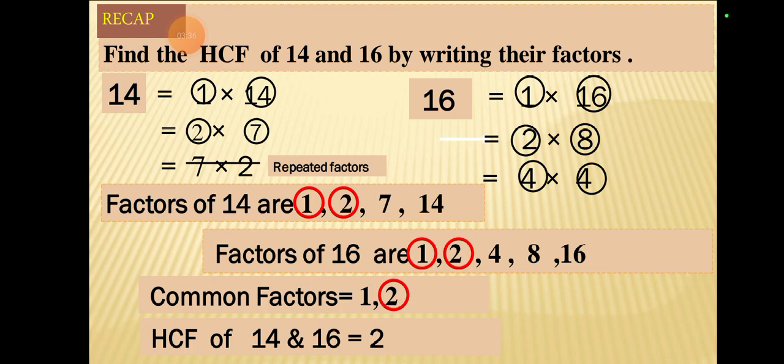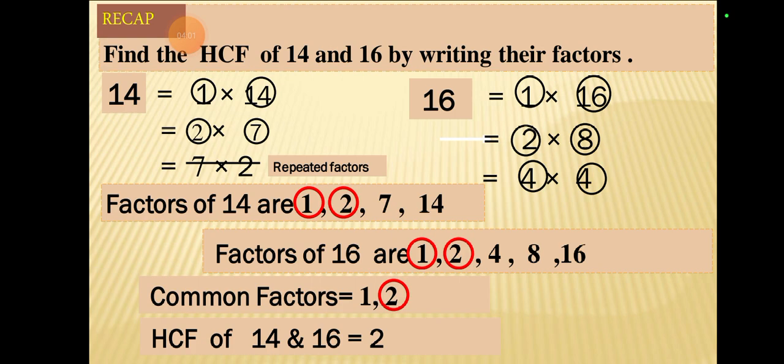It is 2 multiplied by 7, and also 7 multiplied by 2, but that would be a repeated factor, so we stop here. Whenever the factors become repeated, we stop there. So there are four factors of 14: 1, 2, 7 and 14.